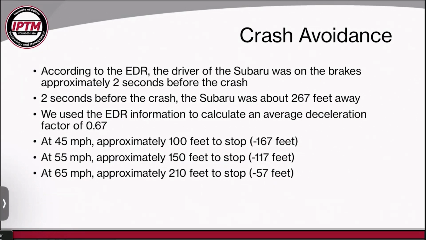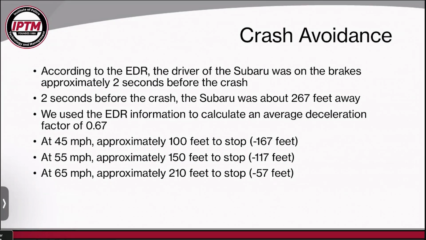In this case, we know the driver of the Subaru applied the brakes. We see that from the event data recorder, and we see that happened about 2 seconds before the crash. So we said, okay, the driver of the Subaru was going down the road at 45 miles an hour, and at 2 seconds before the crash said, I need to stop this vehicle.